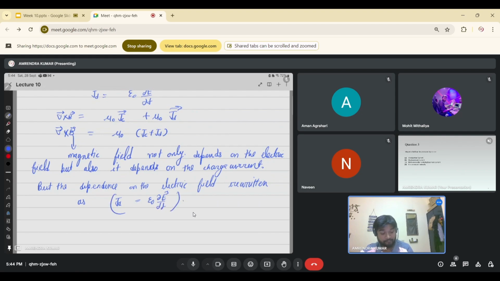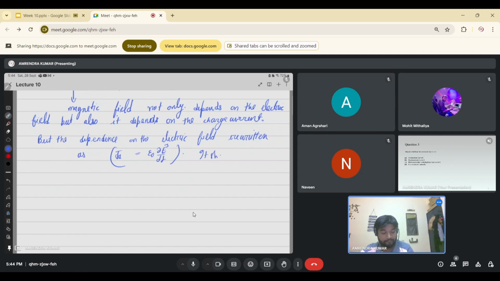So it shows that the conduction current and the displacement current give rise to the magnetic field.